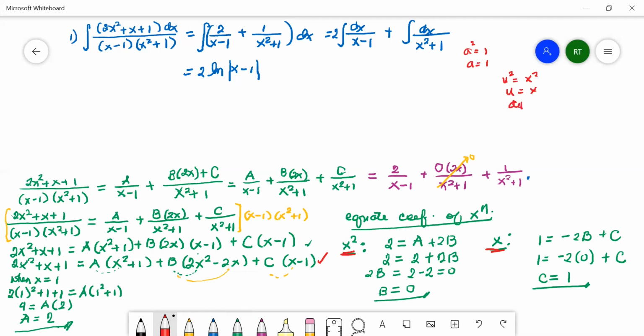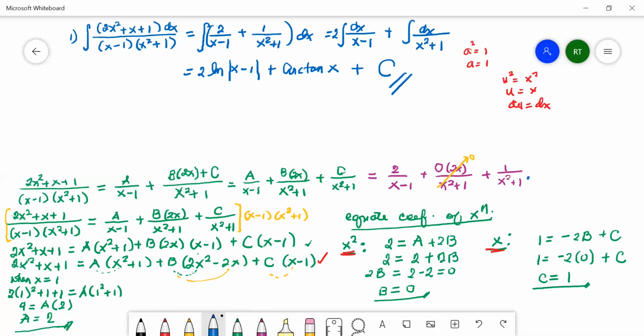Therefore, the differential of u is equal to the differential of x. So the integral leads to arctan, plus 1 over a, but a is equal to 1, so 1 over 1 is 1. Arctangent of u over a, where u is x and a is equal to 1. So we simply write arctangent of x plus the constant of integration.